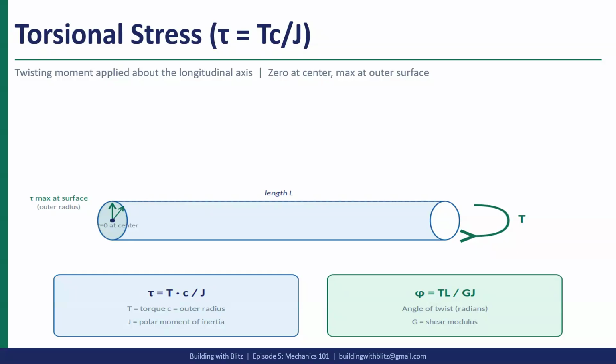Just think about engines and how they would behave. You have a twisting torque of a motor, for example. To resist that, you want a thicker, or larger, radius.